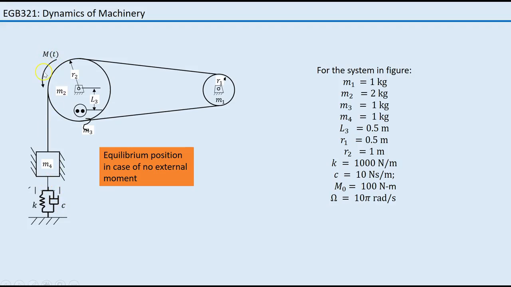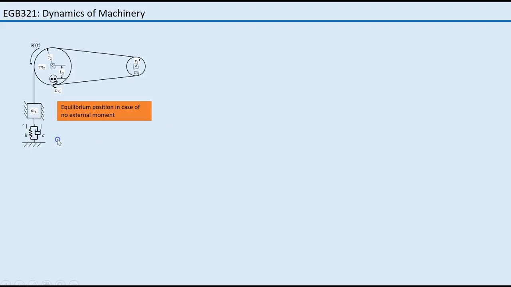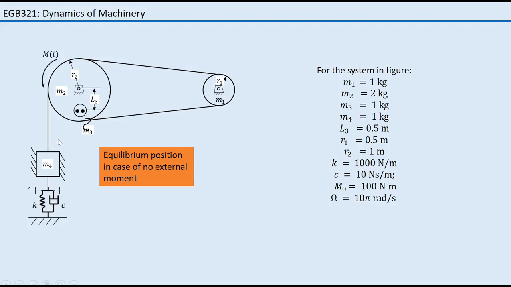External moment MT is applied to the system through the bigger pulley, and a point mass is attached to the bigger pulley. We consider that the pulleys are uniform discs and the belt and cables are ideal, meaning they are inextensible and they have no friction.